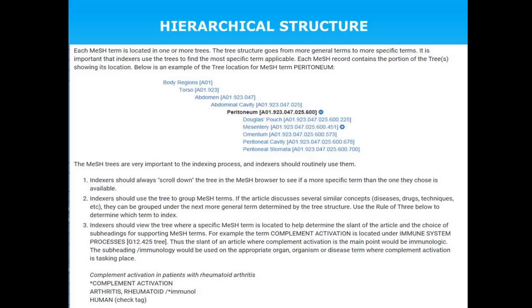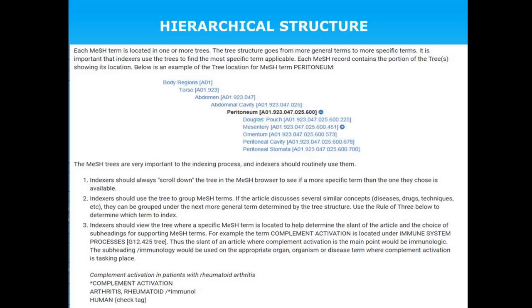So in order to represent a complex object, we are using a qualifier descriptor. Arthritis, rheumatoid will be the subtopic, with the qualifier immunol, because that is what the article is talking about, so it automatically becomes the IM.